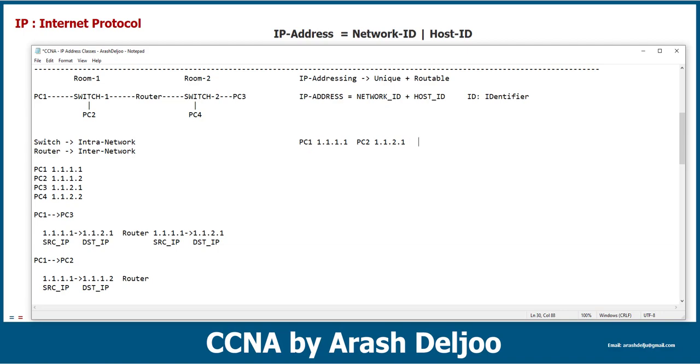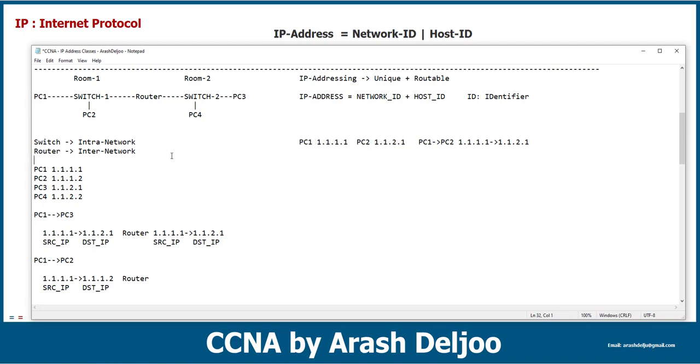If PC1 needs to send traffic to PC2, you know that we need to use the IP address of PC1 as the source IP, 1.1.1.1, and the destination now has this value, 1.1.2.1. My question is: are these PCs residing in the same network or in different networks?